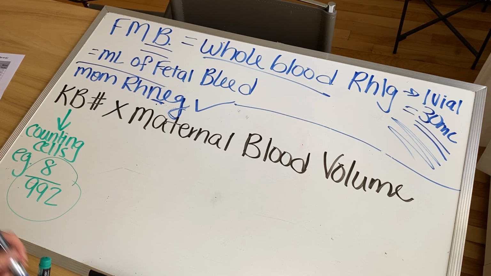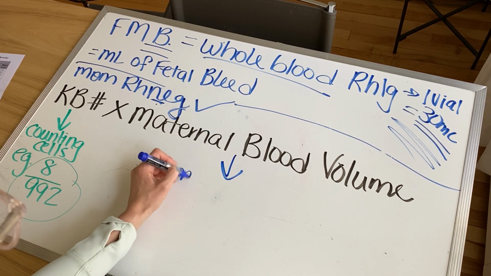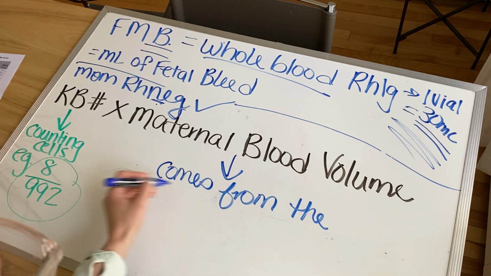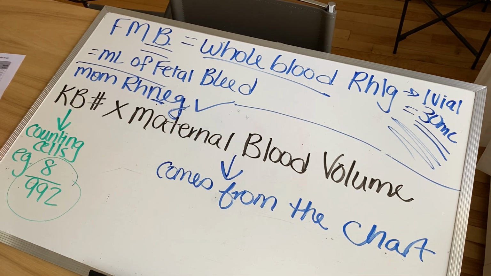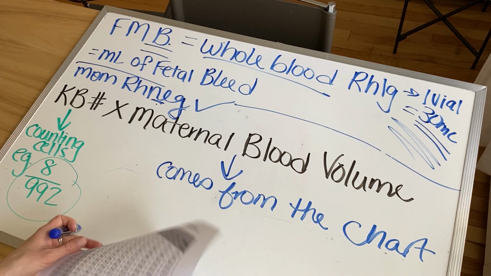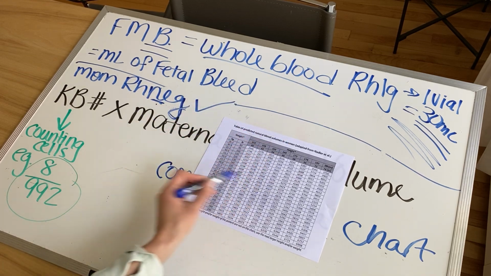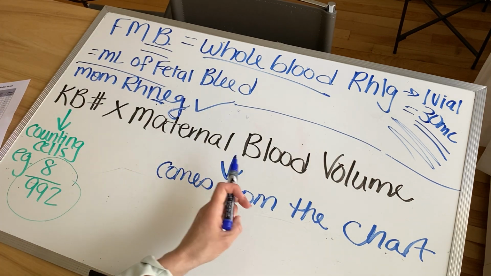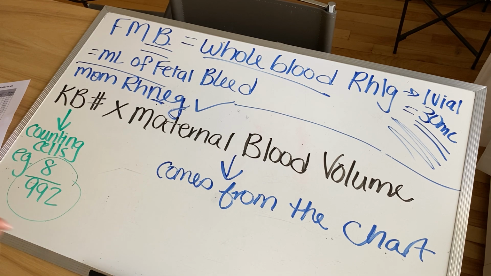And then the maternal blood volume comes from a chart, which is this, where you're given the height and the weight and you figure out which number equals the maternal blood volume. So this is not calculated. This is just determined by the chart.